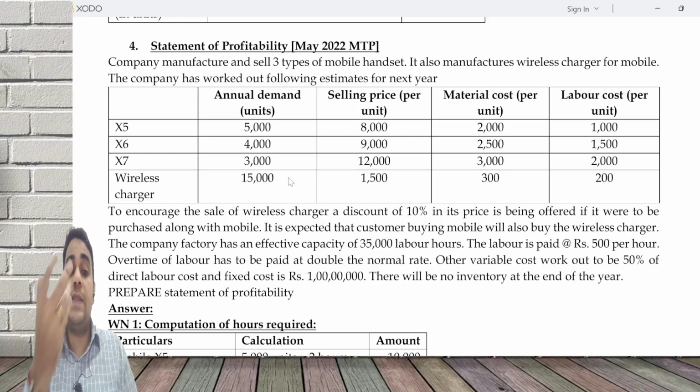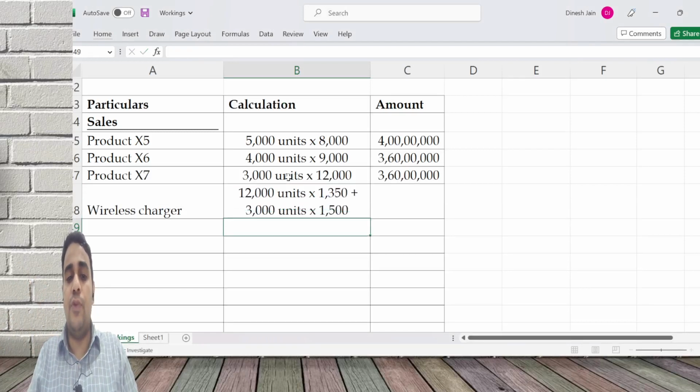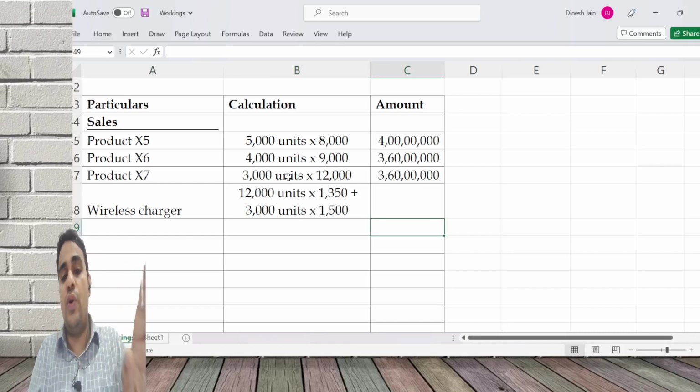3,000 units are separate sales, which is no discount. So 12,000 units you will sell at 1,350, and 3,000 units will sell at 1,500. 12,000 units only 1,350 because you have to give 10% discount. 3,000 units no discount.